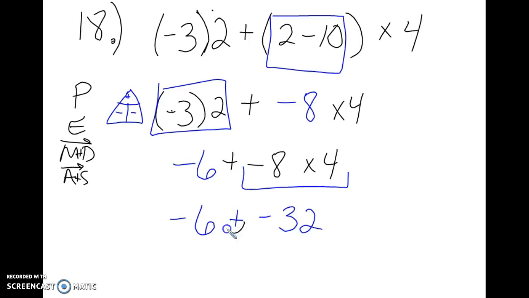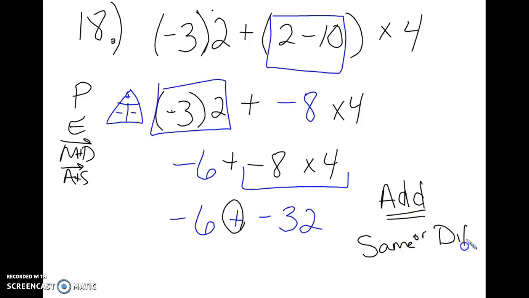We're adding integers. What's the rule with adding? When we add, we remember same or different. What are they? They're same. They're both negative. What do we do with same? Same sign.